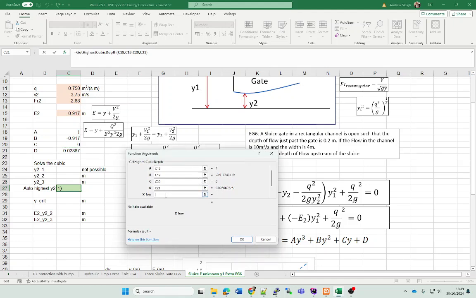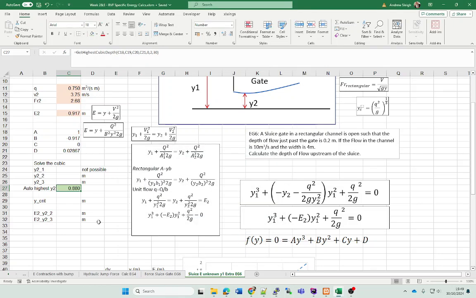I remember what I did before, so 0 to 2 meters. I'm guessing I did 30 values. It's coming up with 0.8797. So 0.88 meters for Y2.